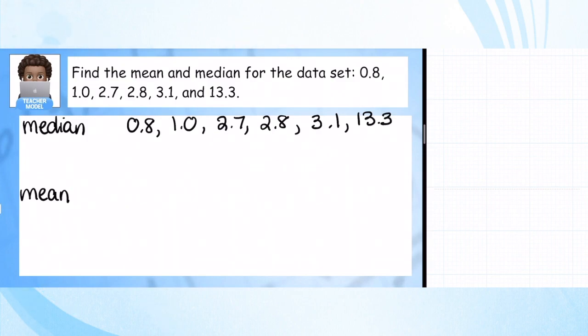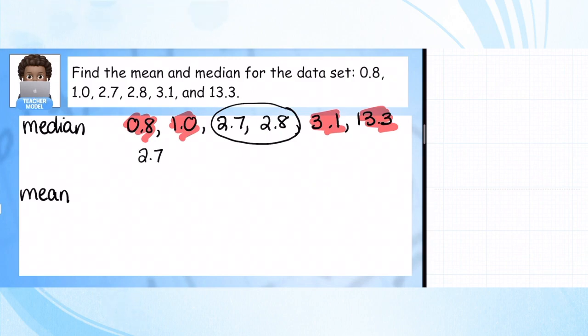We're going to look for the middle number. And I like using a highlighter instead of crossing things out so I can still see my numbers. We have two middle numbers. So again, I'm just going to add them up and divide by 2.